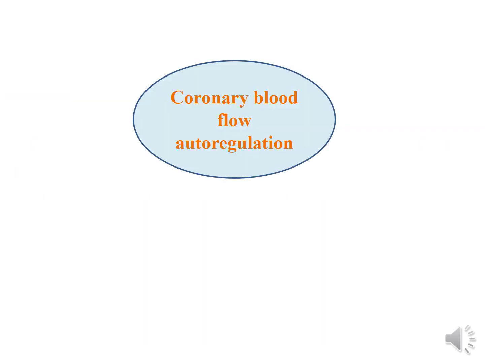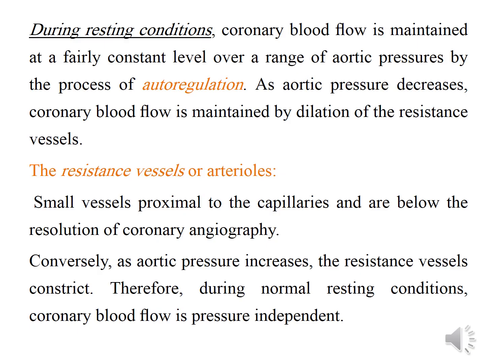Metabolic factors are ended now. The second factor affecting blood flow in this lecture is coronary blood flow autoregulation. During resting conditions, coronary blood flow is maintained at a fairly constant level over a range of aortic pressures by the process of autoregulation.